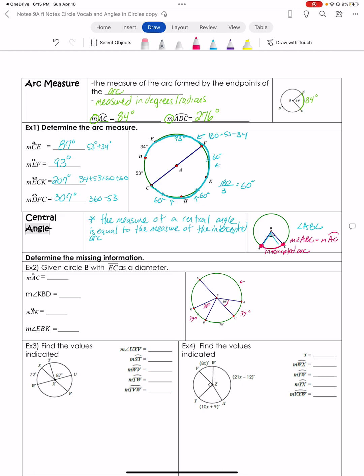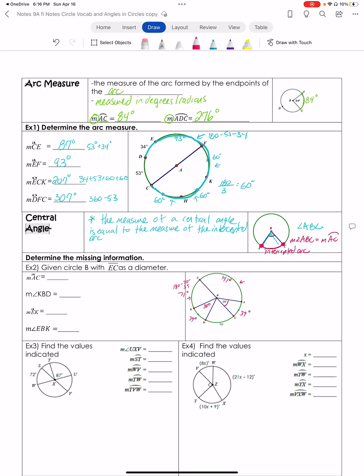This is going to be 180 minus 39, which is equal to 141 degrees. And this one here is just going to be your 180 minus 70 minus 39, which is 71 degrees.